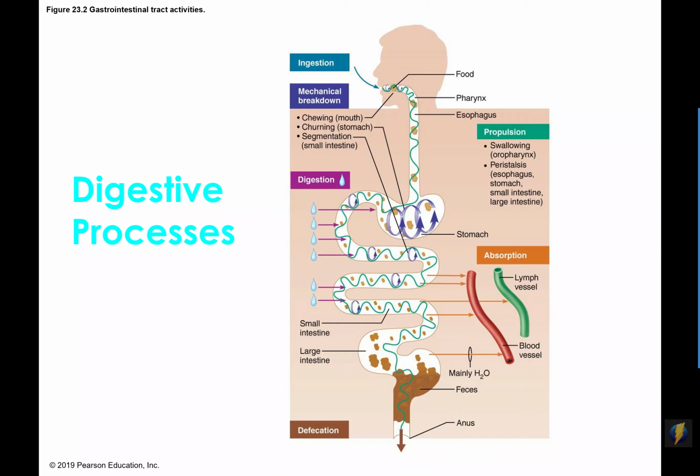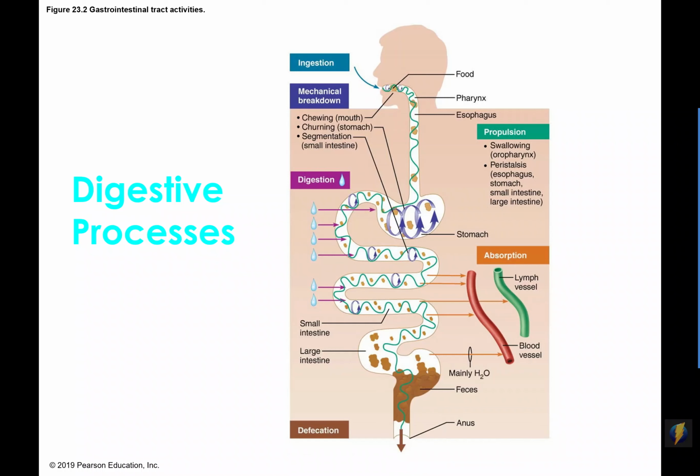We're talking about just moving what we call the bolus of foodstuffs through the GI tract, because once we ingest the food and we compact it with our saliva and make that neat little packet of foodstuffs, it's then called a bolus. And moving that bolus through the parts of the GI tract is propulsion.